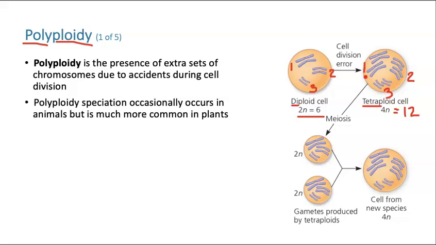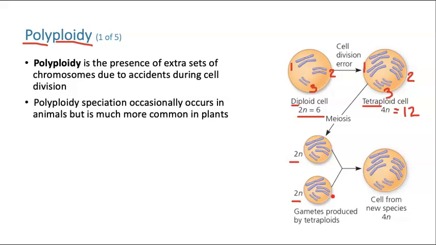Now, if this tetraploid cell, and remember its major problem was it didn't go through cytokinesis, right? If this tetraploid cell itself goes through meiosis, then what happens is that you have a gamete that is 2n, and these are the diploid gametes of a tetraploid cell.